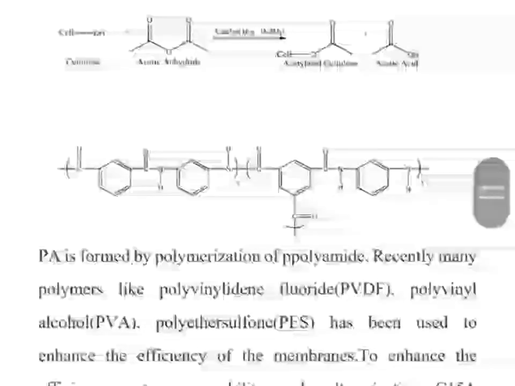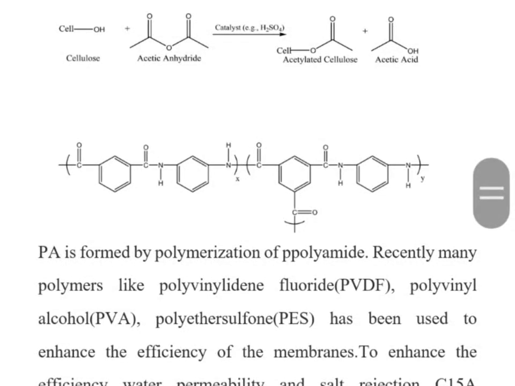Now the question arises, what are the methods to prepare RO membranes? Most commonly used RO membranes are made up of cellulose acetate and polyamide. These are formed by the polymerization process. Cellulose acetate membranes are formed by the acetylation of cellulose with acetic anhydride.